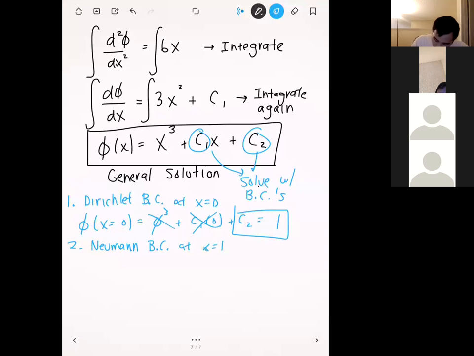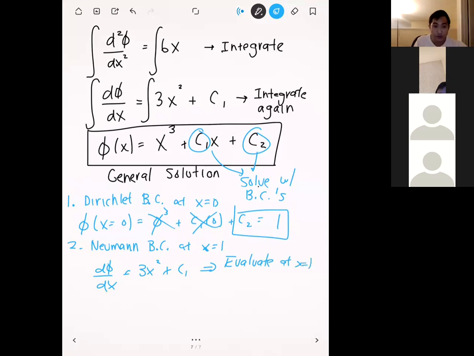And so let's go ahead and take the derivative of our function. So d phi dx is equal to 3x squared plus c1. Okay? And then let's evaluate this at x equal to 1.